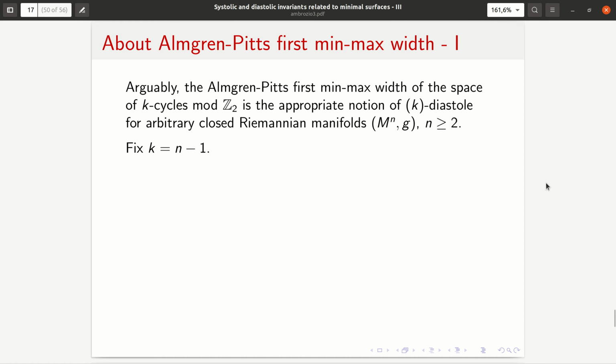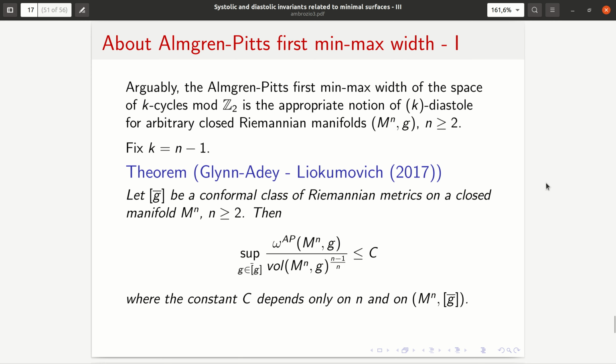And thinking about codimension-one objects, there is also a strong indication that this should be the interesting notion of diastole to think about when comparing to the volume. And this is a result by Glynn-Adey and Liokumovich.